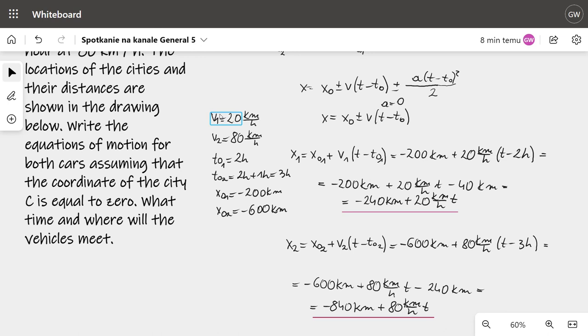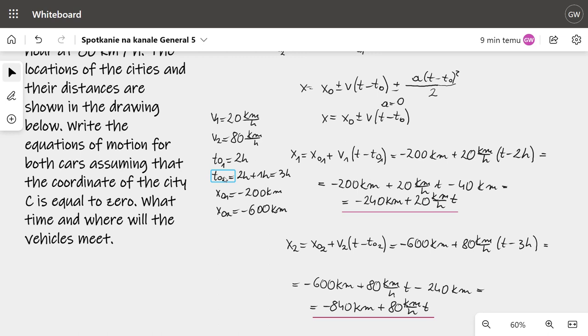Let's write the data. Magnitude of velocity vector v1 is equal 20 kilometers per hour here. And magnitude of velocity vector v2 is equal 80 kilometers per hour here. First car began to move at 2 o'clock here.